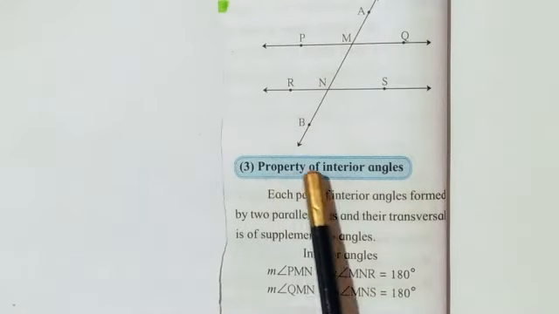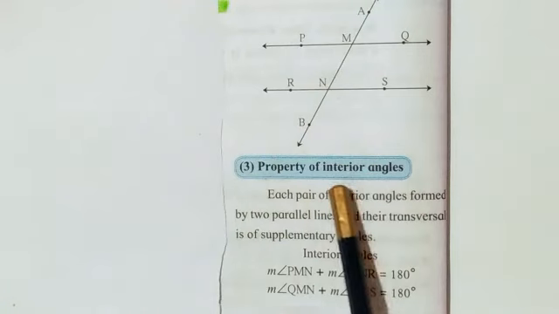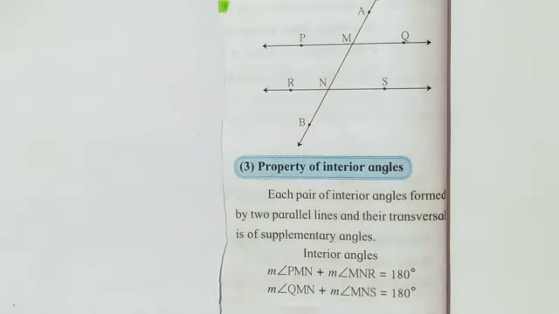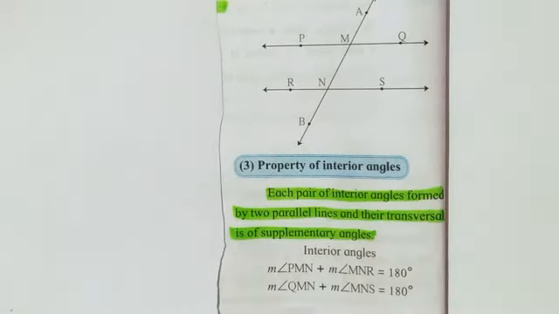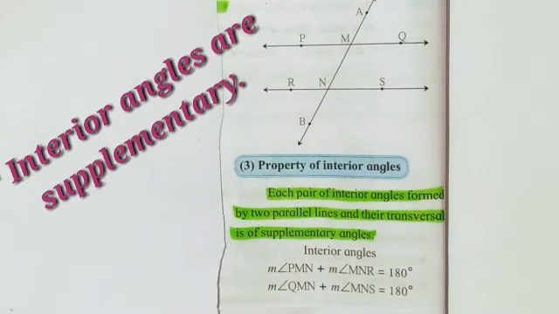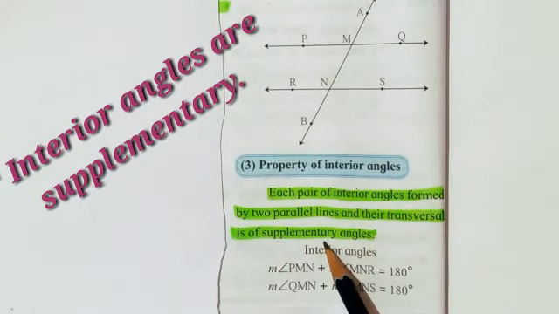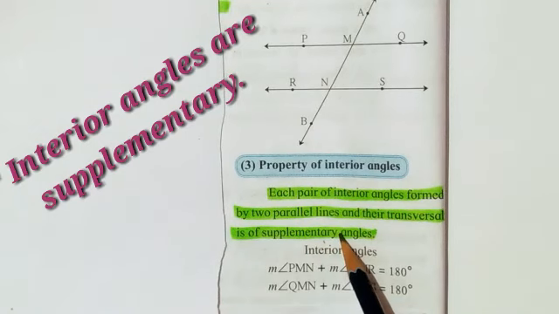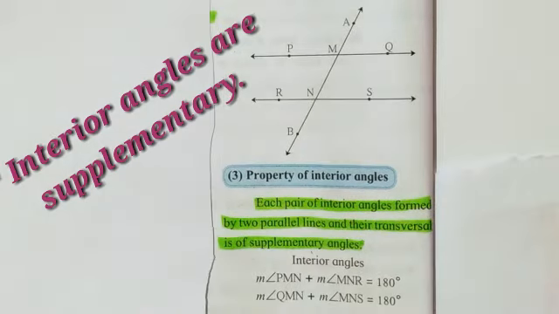See the third and last property of the angles, which is related to the interior angles. Now this is a little bit different property. Each pair of interior angles formed by two parallel lines and their transversal is supplementary. Before going ahead, you should be aware of the concept of supplementary angles.